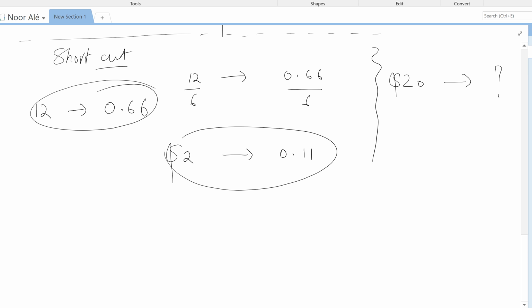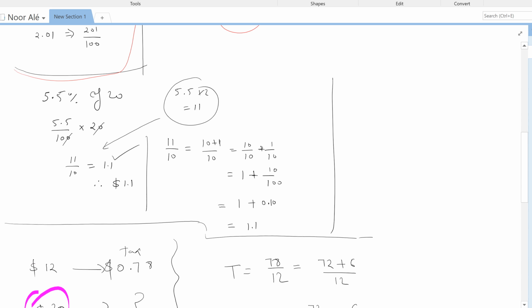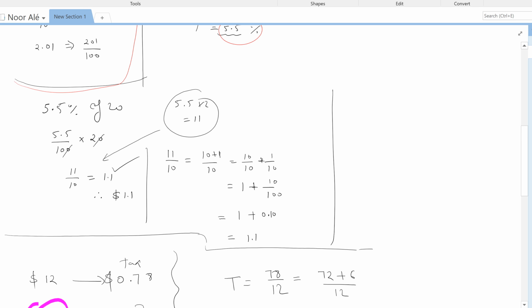So half of that, whatever value you have there, is going to be for $10. If I take away 2 from 12, I'll get 10, right? If I take away 11 from 66 cents, it'll be 55 cents. So if you double that, your answer is going to be 1.1.